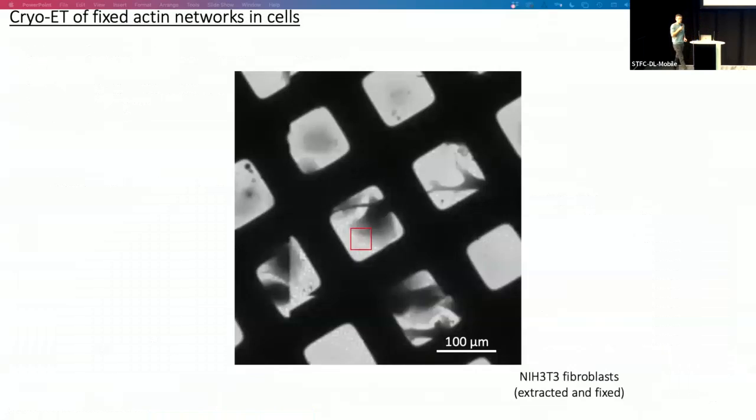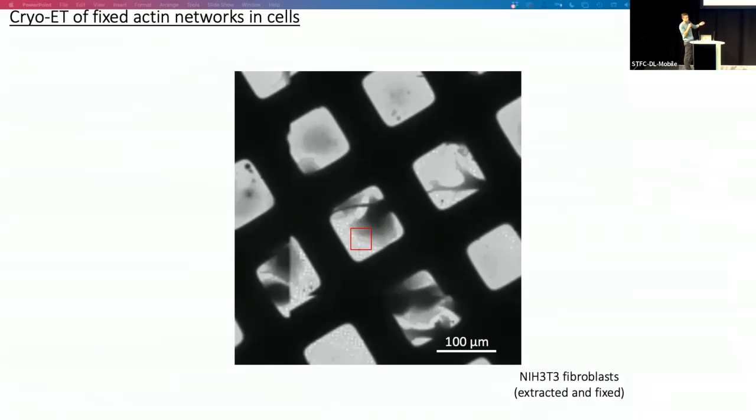Now, once we had figured out how to actually get good cells, we chose a cell model. In this case, it's 3T3 fibroblast cells, not important for this talk. And we were seeding them on the grid. What we did now, we do not work perfectly in situ, but we mildly extract and fix them, because we thought, okay, we want to start off easy by increasing contrast a little bit without altering the network topology and also the structure of the protein, we hope.